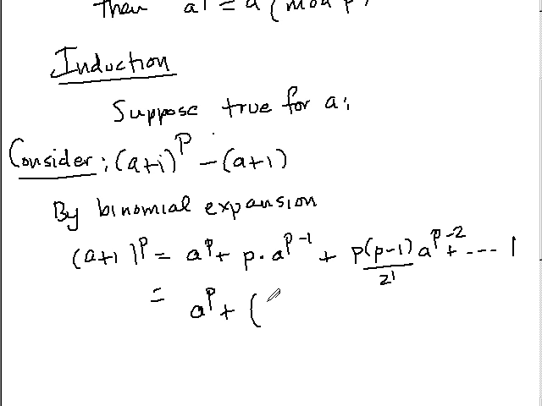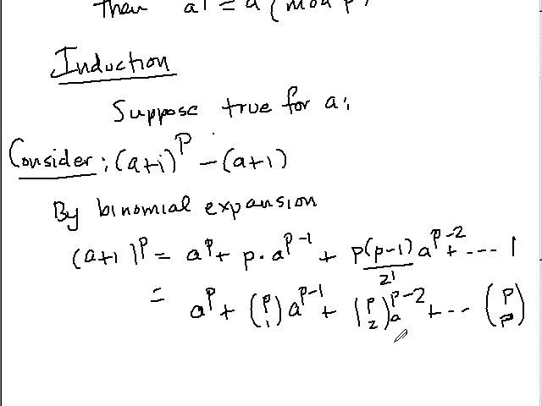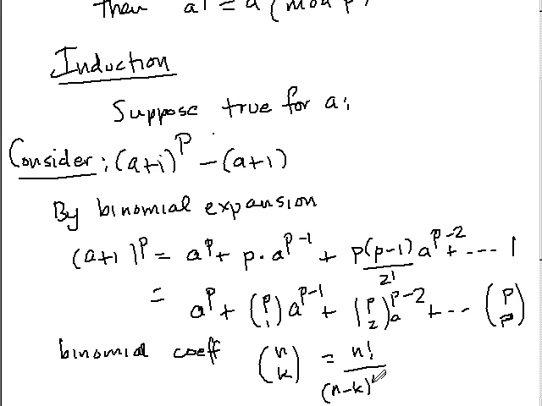And in terms of the binomial coefficients, this is a to the p plus (p choose 1) a to the p minus 1 plus (p choose 2) a to the p minus 2 plus, etc. So these binomial coefficients, you'll remember, are given by (n choose k) equals n factorial over (n minus k) factorial times k factorial.